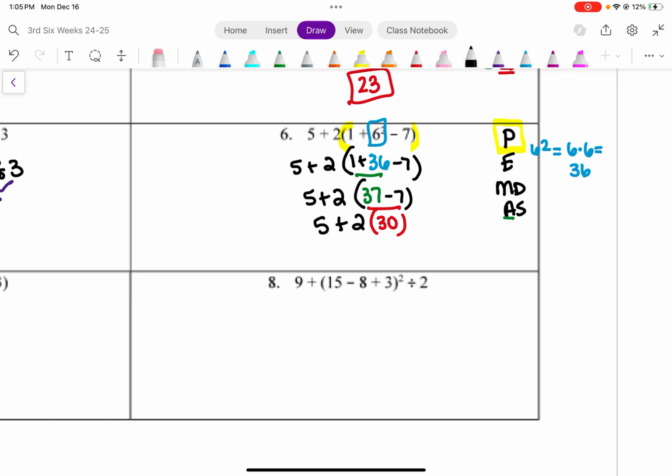When you have 2 times the parentheses, that means multiplication. So 2 times 30 is 60. And then I'm going to change that color back to purple. Then I'm going to bring down the plus 5. And now I'm going to add again. So your answer here is 65.